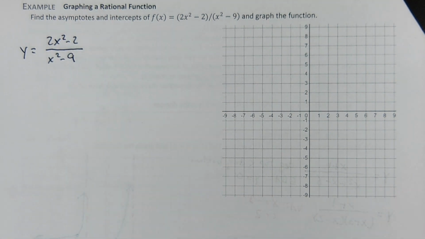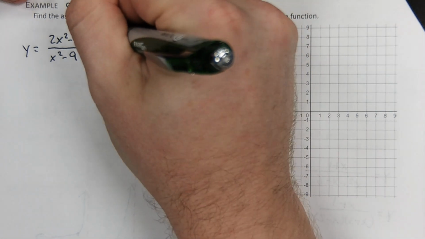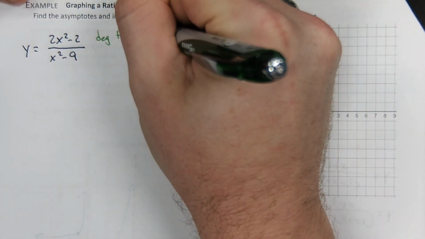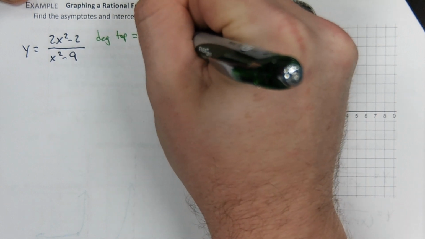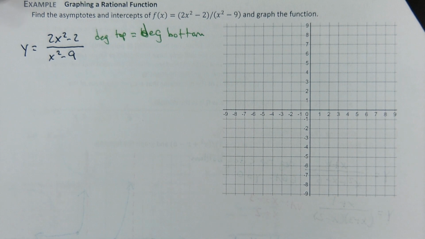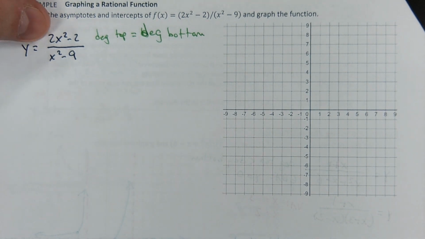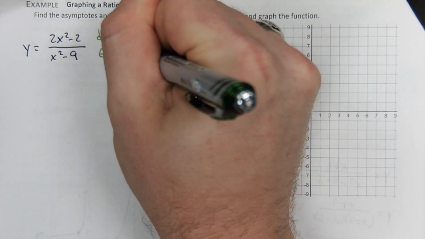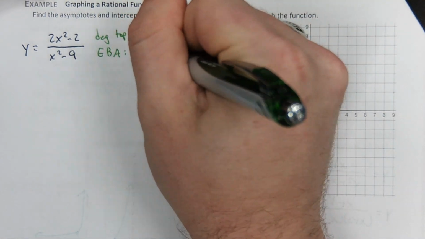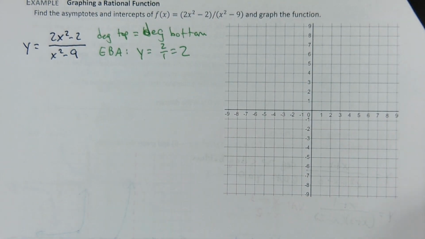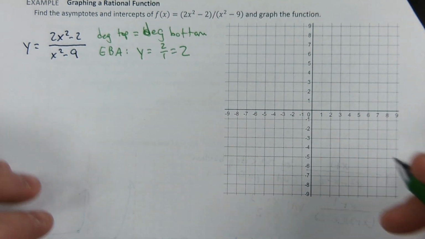Or you could try to memorize the rule that the degree of the top being equal to the degree of the bottom makes you do leading coefficient 2 over leading coefficient 1. So your end behavior asymptote is horizontal, y equals 2.